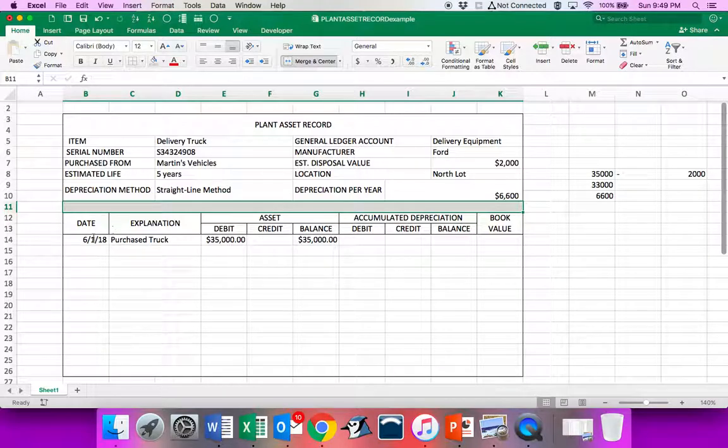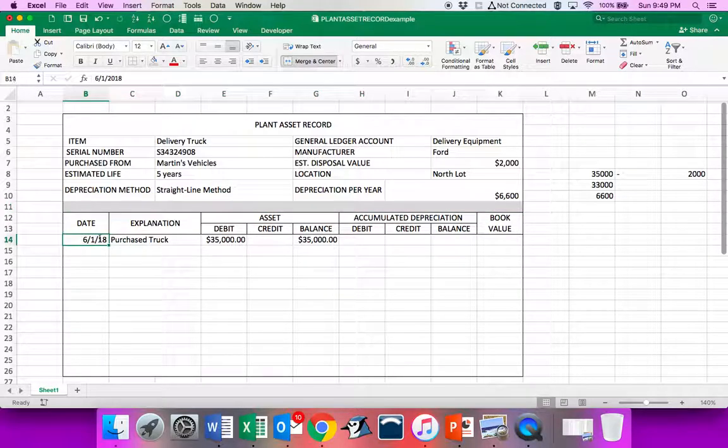Now, the first year, we bought it on June 1st. When you think about that, that's June, July, August, September, October, November, December. That's 7 months of depreciation.